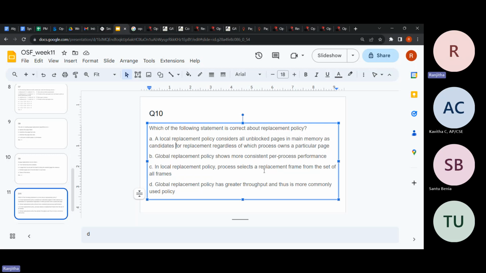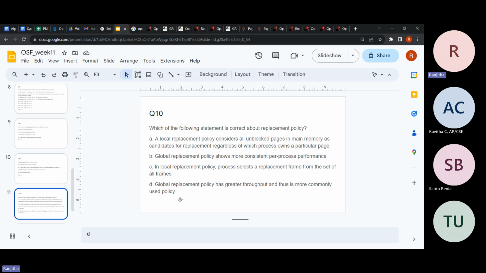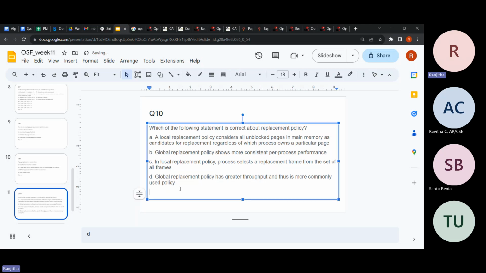And in case D, global replacement policy has greater throughput and is more common. This is true. Since the replacement is global, it actually gives more throughput, and because of this higher throughput, it is more commonly used. So option D is the correct answer here.